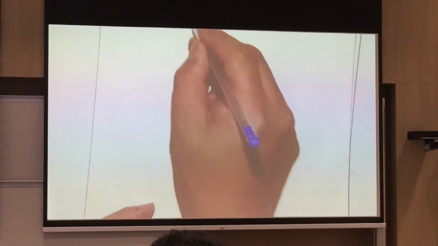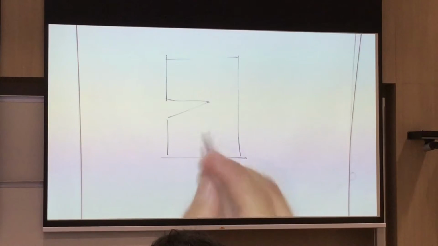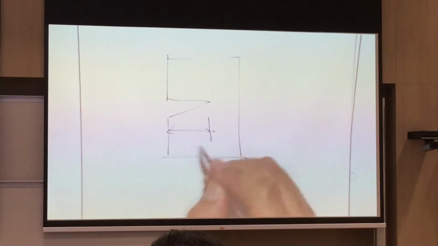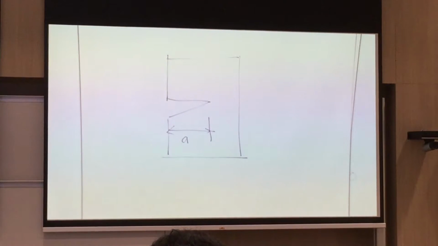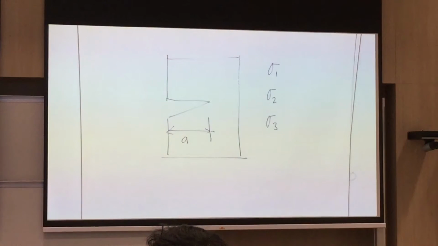So, let me further explain that. This is your material, and there will be a crack length A. It's not actually a crack length, but it's half the crack length. And what will cause this one to grow? What type of stress will cause this one to grow? So again, you have to go back to the definitions of your principal stress.